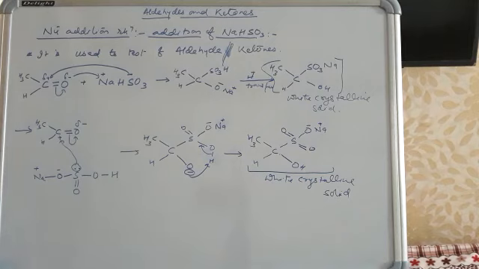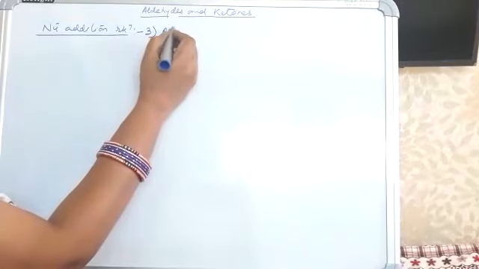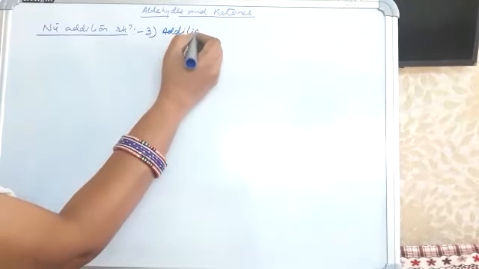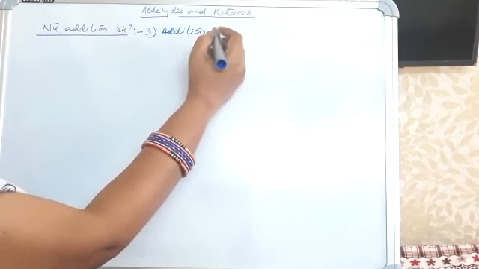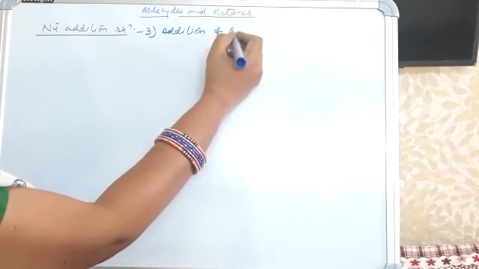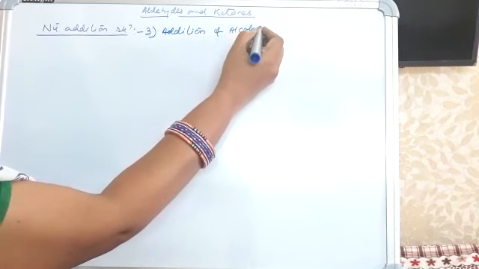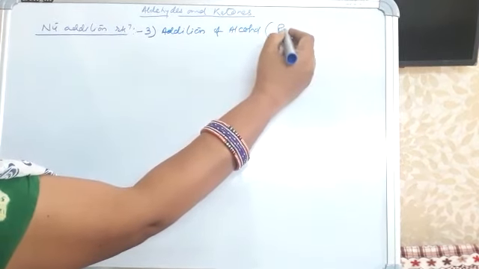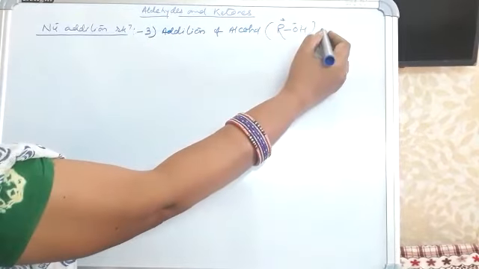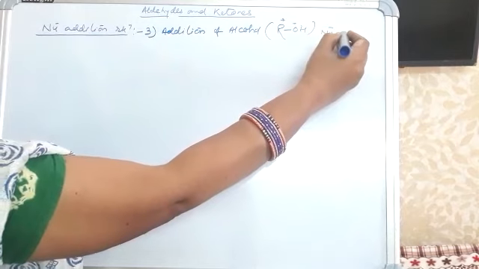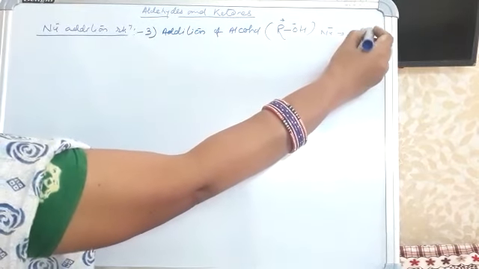Now next, addition of alcohol. Next, nucleophilic addition on carbonyl group with alcohol. Addition of alcohol. Here the nucleophile is alkoxide.